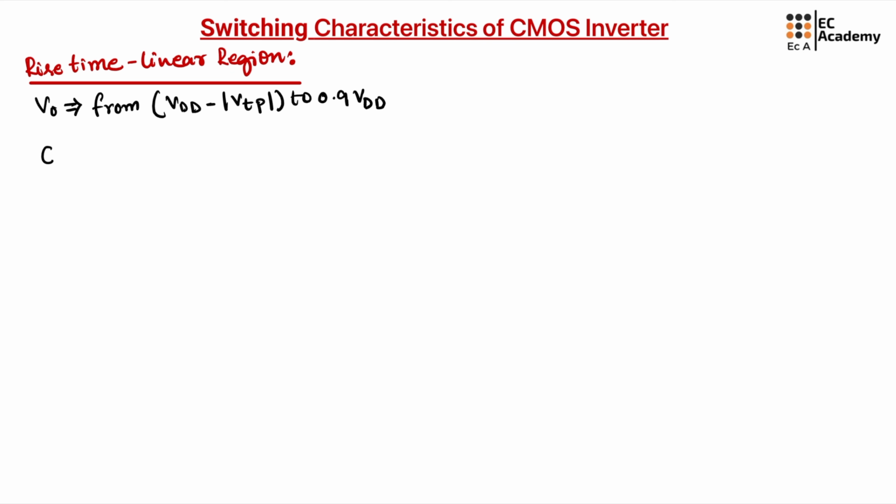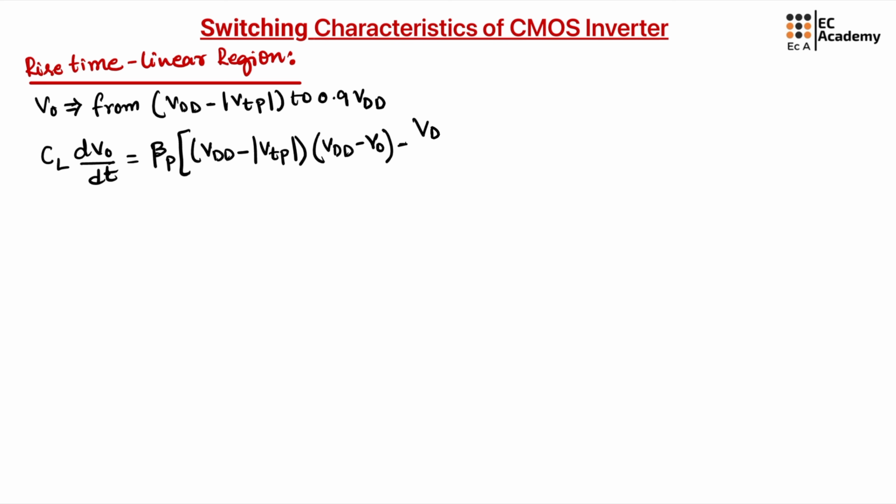Therefore, we can write CL dV0 divided by dt will be equal to beta P into (VDD minus absolute value of VTP multiplied with VDD minus V0 minus (VDD minus V0) whole square divided by 2).